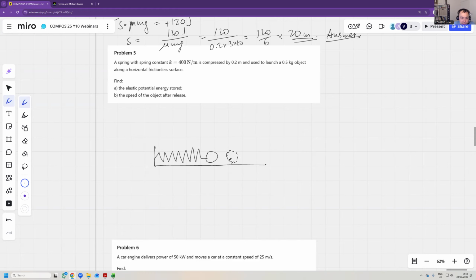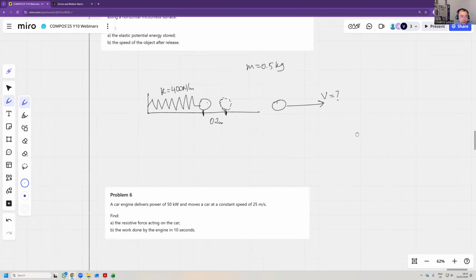So it was initially like this, and then it was compressed by 0.2 meters. When you release the spring, the object travels with a speed v, which we need to find.